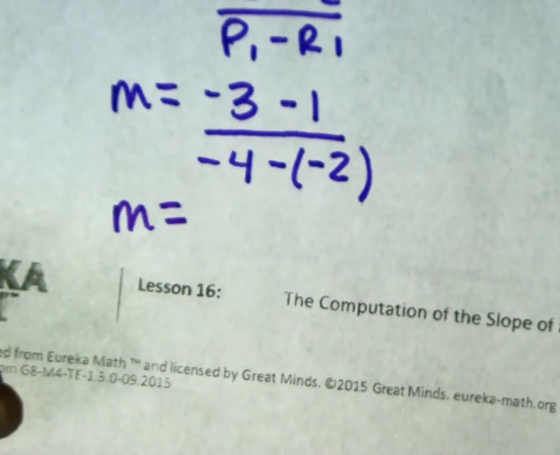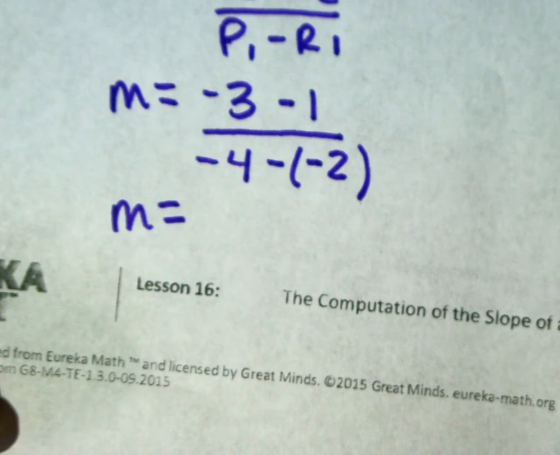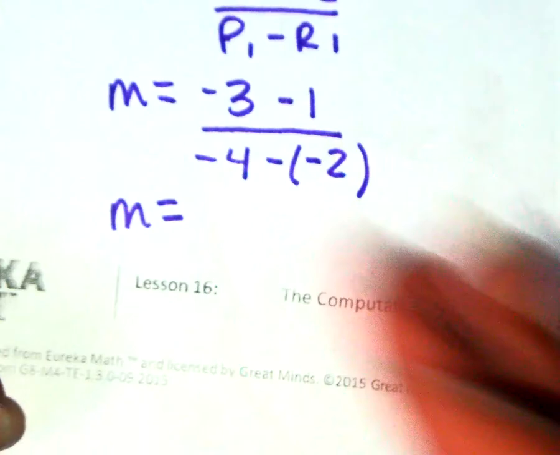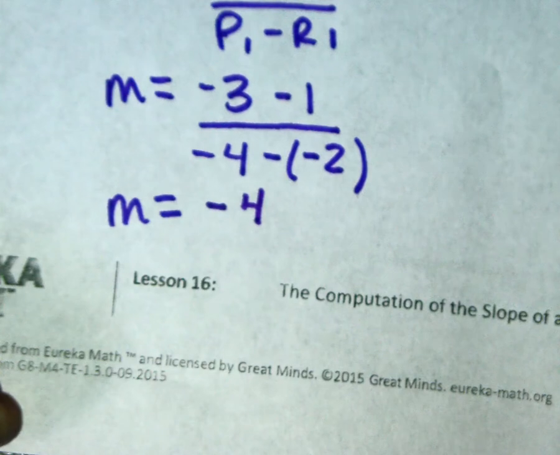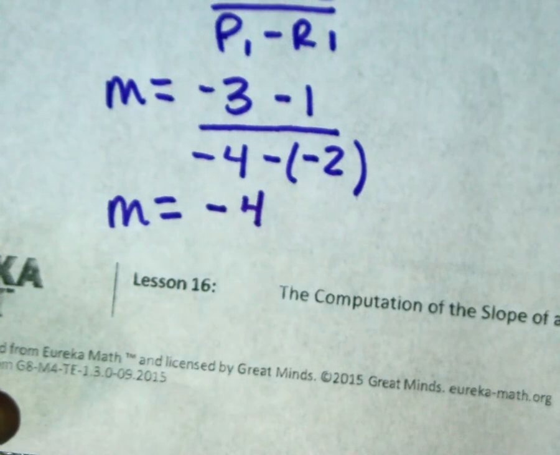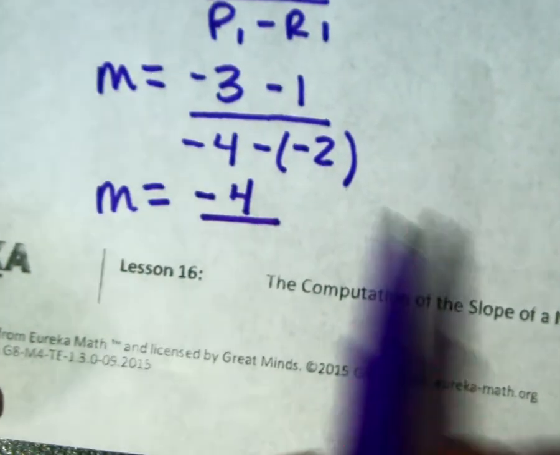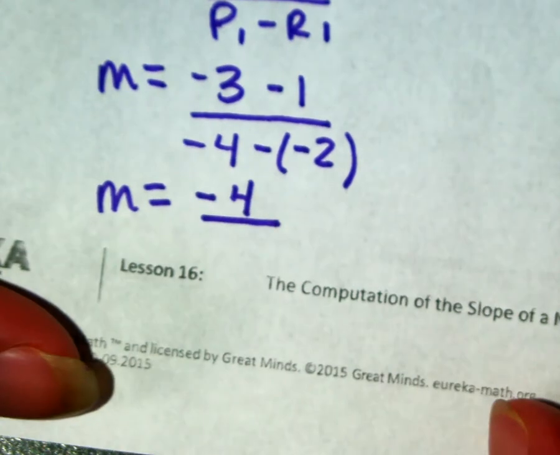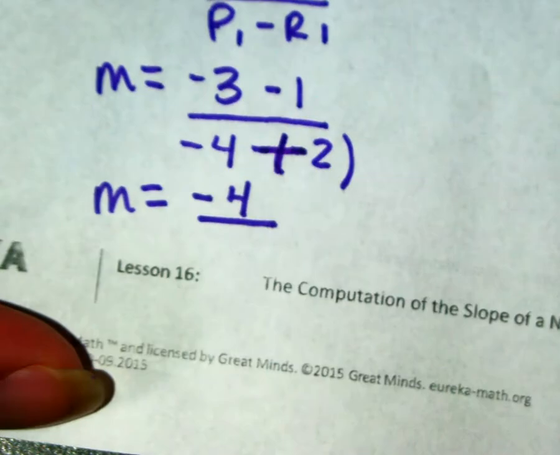I have negative 3, take away 1. Negative 3, subtracting another 1 is actually going to give me a bigger negative. I'm going to end up with negative 4. And now in my denominator, when I am subtracting the negative, I'm actually adding that negative.